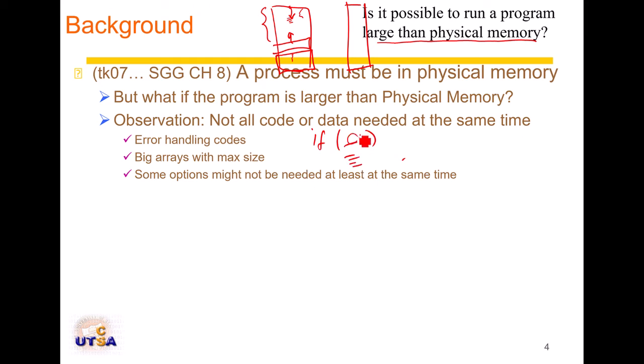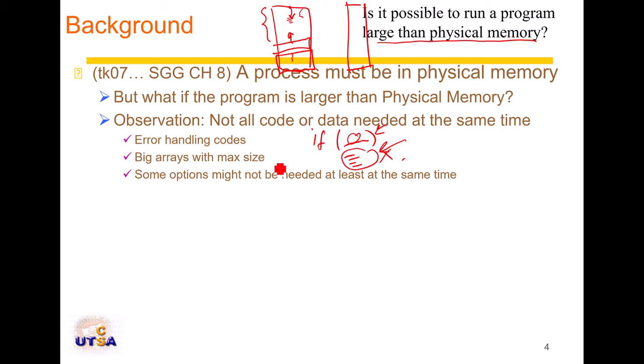But if that thing is not true, maybe we will not execute that piece of code. So probably we don't need that code, and it's probably not necessary to get this part of the code into main memory until that condition is true. So basically the idea here is that most of the code may not be needed when we first start the program, so it doesn't need to be in the physical memory.